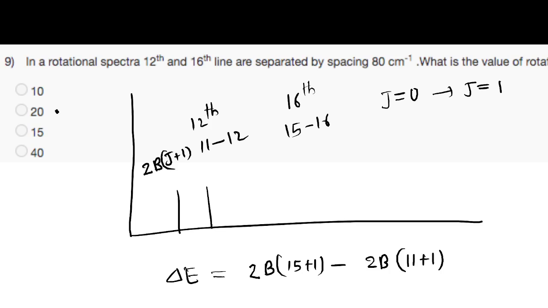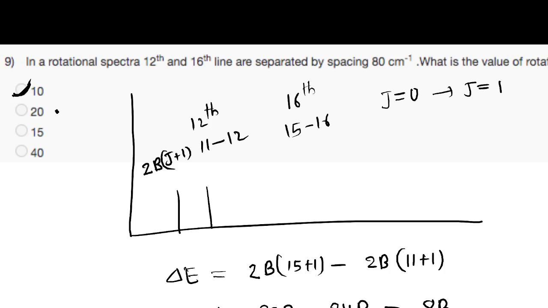So we're getting 32b and 24b, so it will be 8b, and here 80. Again I'm getting 10 centimeter inverse. So you check your calculation, please. Yes, sir, it will be 10. You're correct, sir. 10 centimeter inverse.